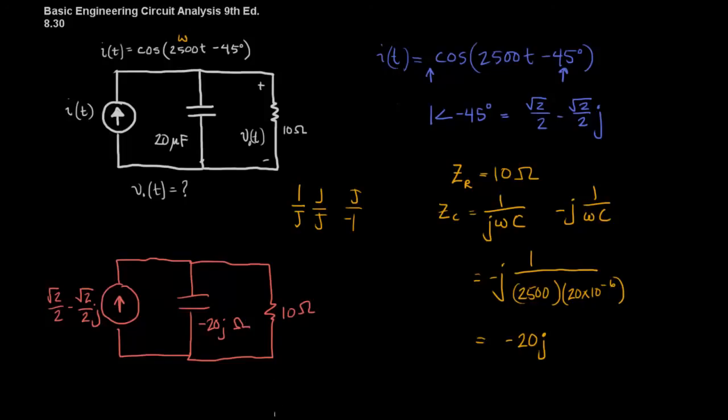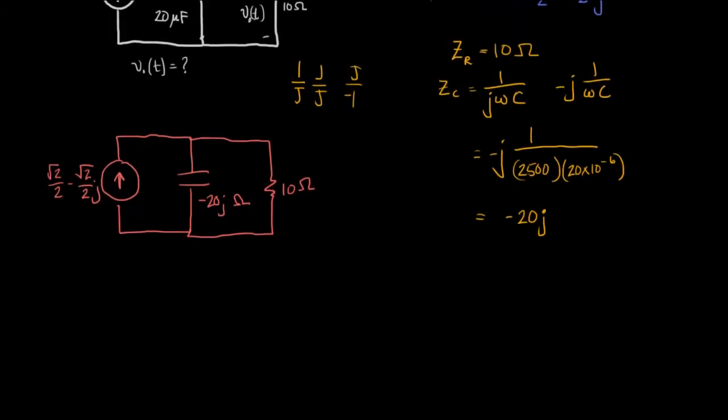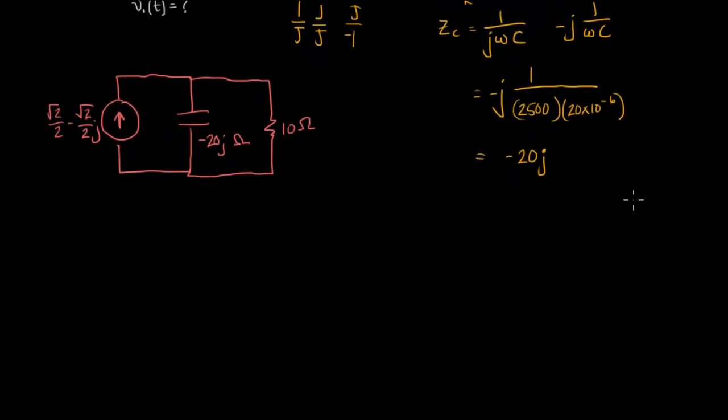So now we have a really simple linear circuit, and we can use any method at all. Just to prove that, it would be really simple to solve this by doing a source transformation. We've got a current source and a resistor, essentially, in parallel.